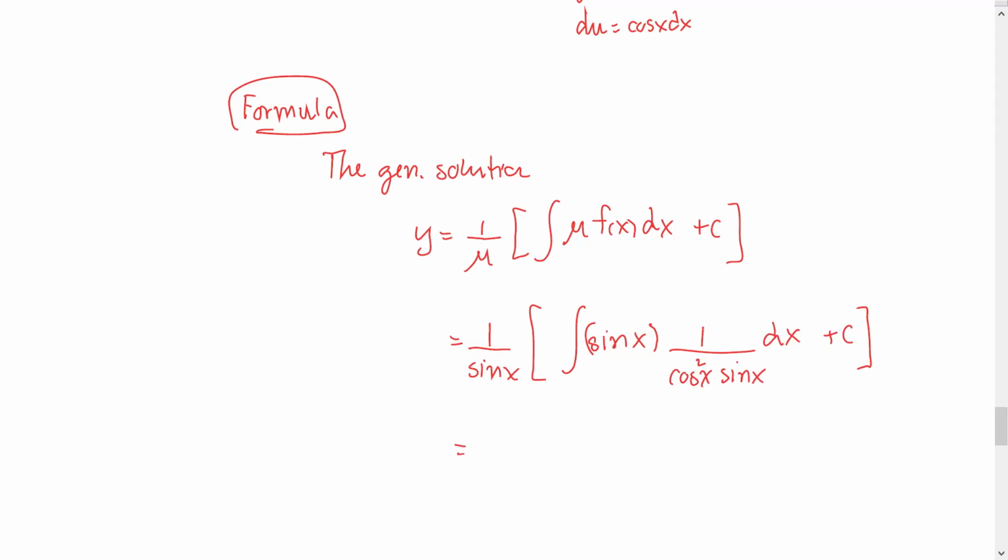Okay? Don't multiply 1 over sine x in until you are done with the antiderivative. So we see sine x reduce, and we have the integral of 1 over cosine squared x. What do you think we're going to do? So now we have the integral of 1 over cosine squared x dx, and then plus c.